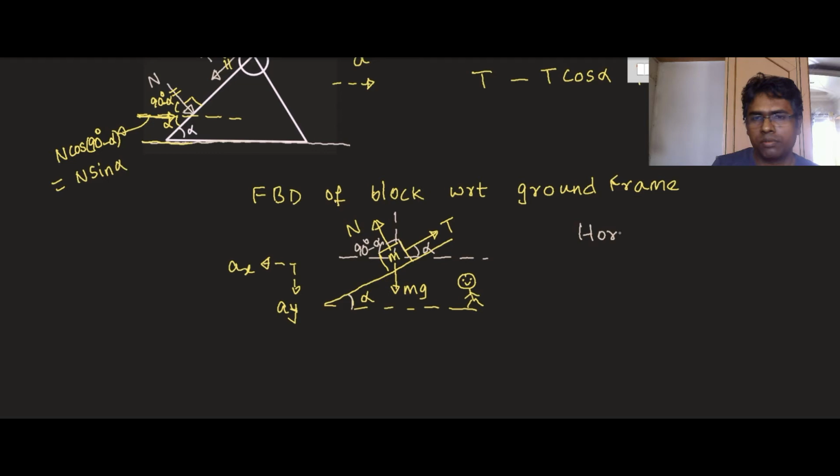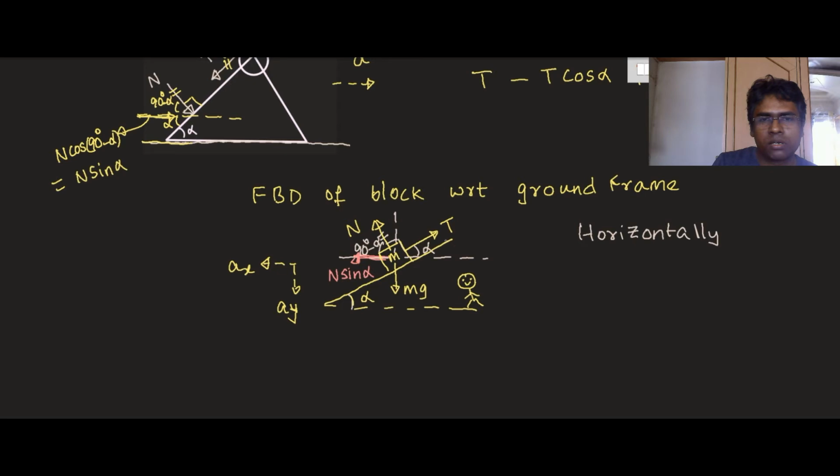when I apply Newton's second law, I'm assuming that the block is moving to the left, so whatever components we have to the left are dominating. If I resolve this component to the left direction, I should get a vector which is N cos of 90 minus alpha, which is sine alpha, so N sine alpha.